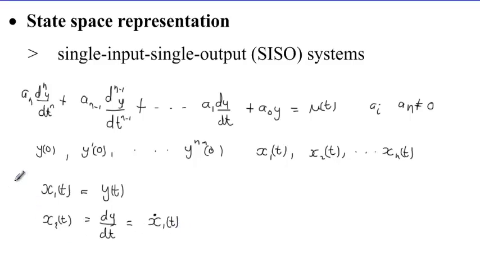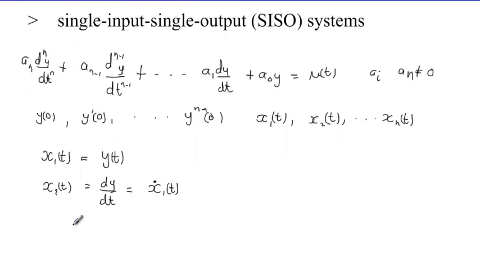Now, continuing with this, we have x3(t) equal to the second order derivative of y with respect to t, which is actually the first derivative of x2.